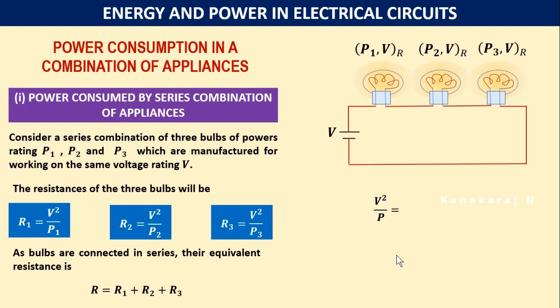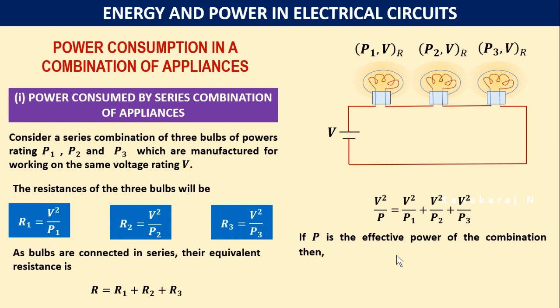So let us replace all these resistances. V square by P equals V square by P1 plus V square by P2 plus V square by P3. If P is the effective power of the combination, then 1 by P equals 1 by P1 plus 1 by P2 plus 1 by P3. This is a very important conclusion. Let us write this near the diagram.